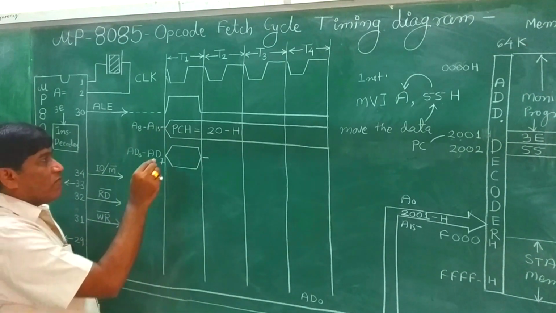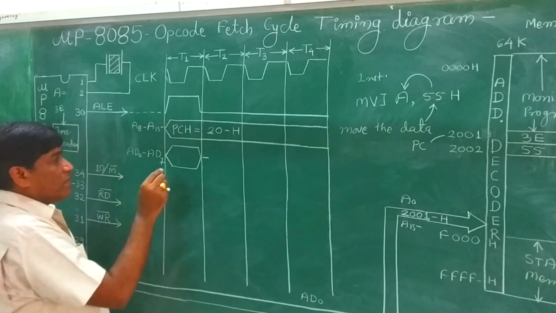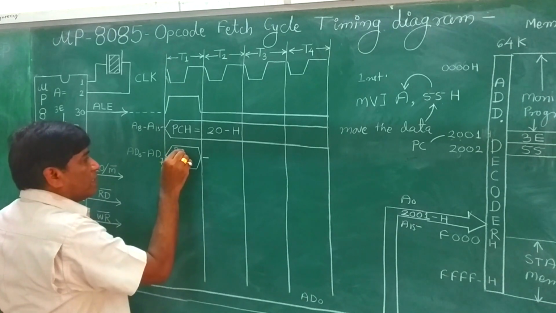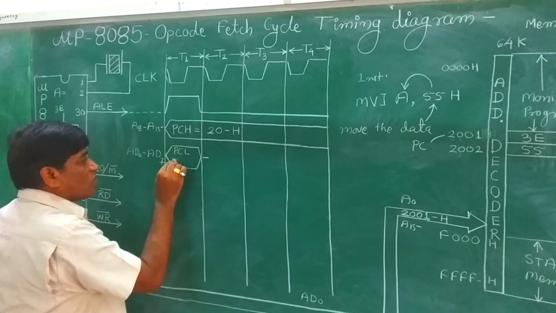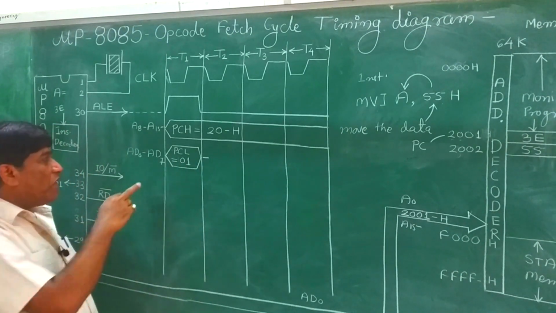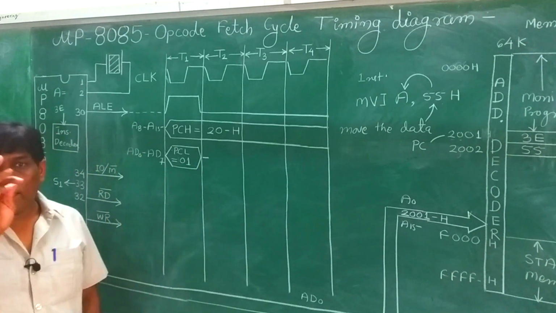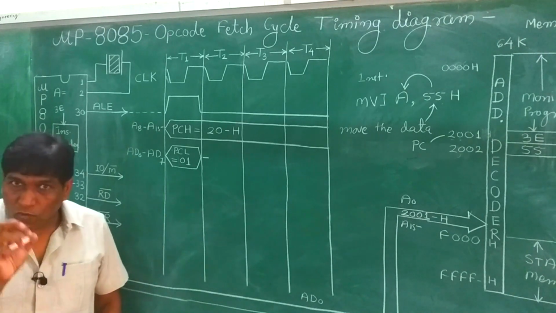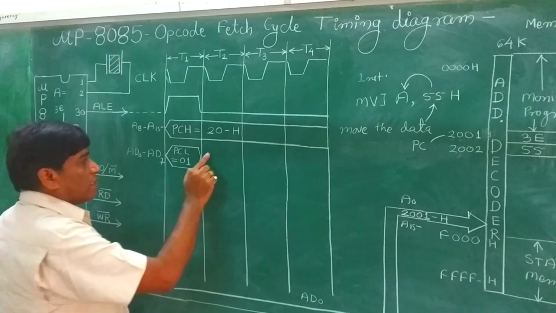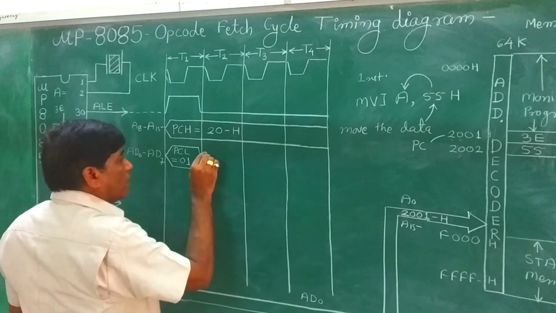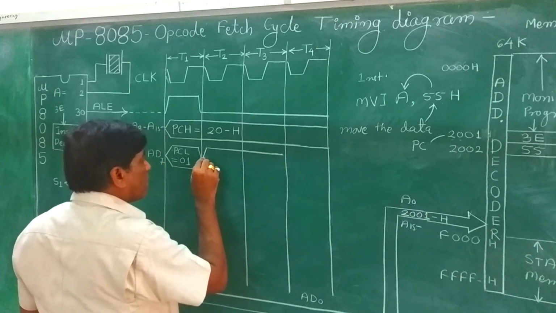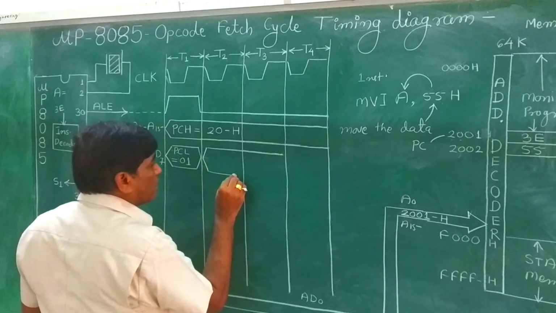Whenever ALE is enabled, the content of the PC lower bit, which is equal to 01 in our case, will be loaded on these AD0 to AD7 buses, which are the lower order address buses, and later on these same buses will carry the data.